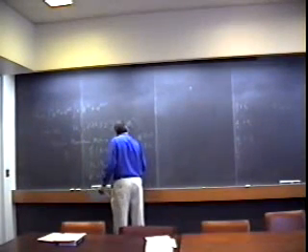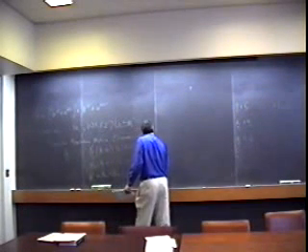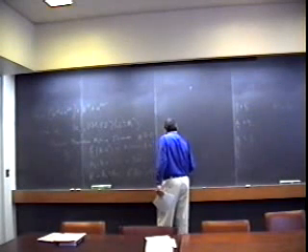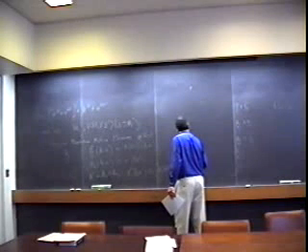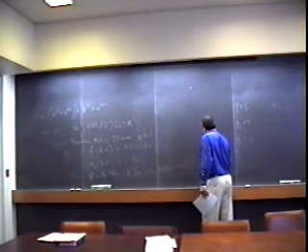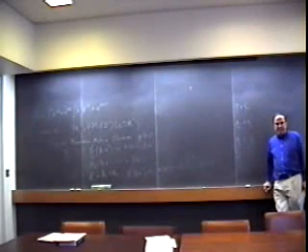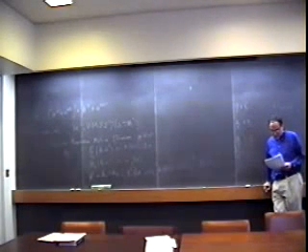And A plus or minus on A alpha gives the square root of A(A+1) minus alpha(alpha plus or minus 1), times A alpha plus or minus 1. And that's all. That's all you need.